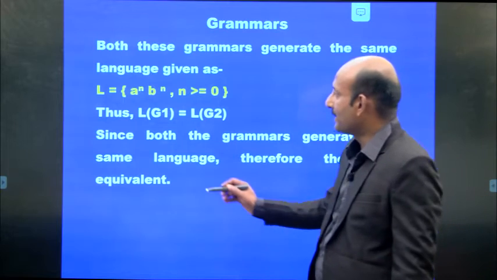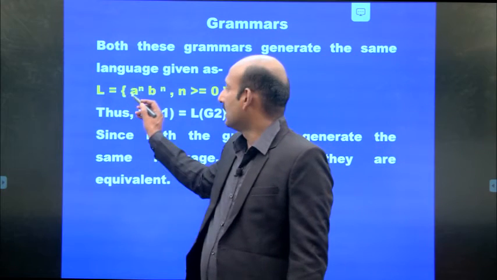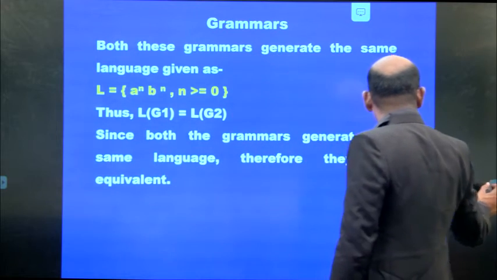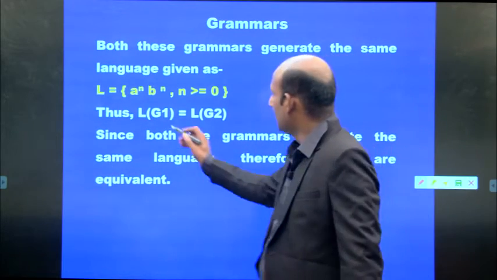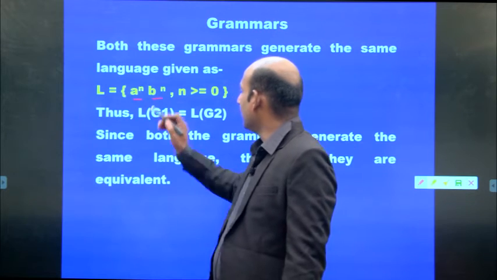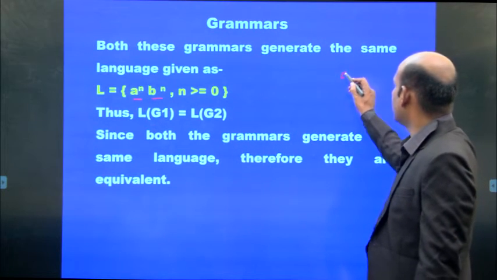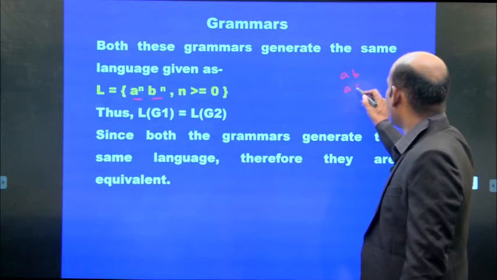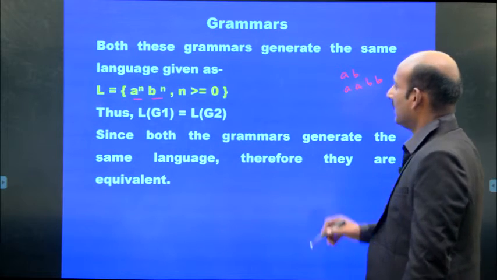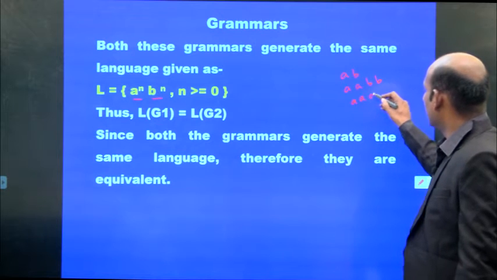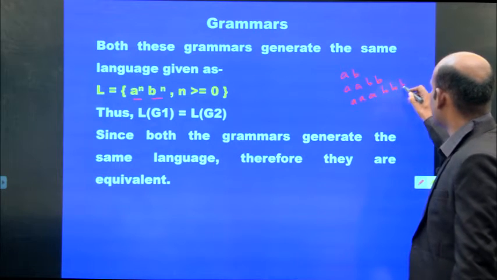The L stands for language, the language that consists of A power n, B power n, because we may get this language. What is that? We can get AB, AABB, likewise. Or else if you apply recursively, then we may get strings in that order.